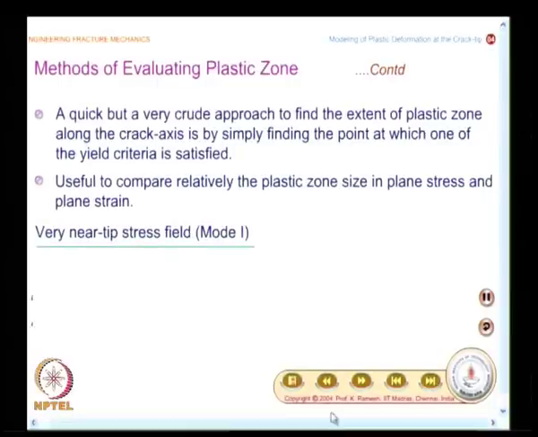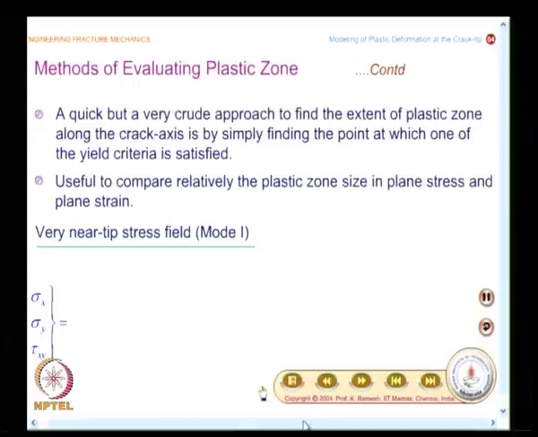And if I use this kind of an approach of simply finding out the point at which onset of yield criteria is satisfied, which is very crude, nevertheless, this helps us to compare the relative plastic zone size in plane stress and plane strain.